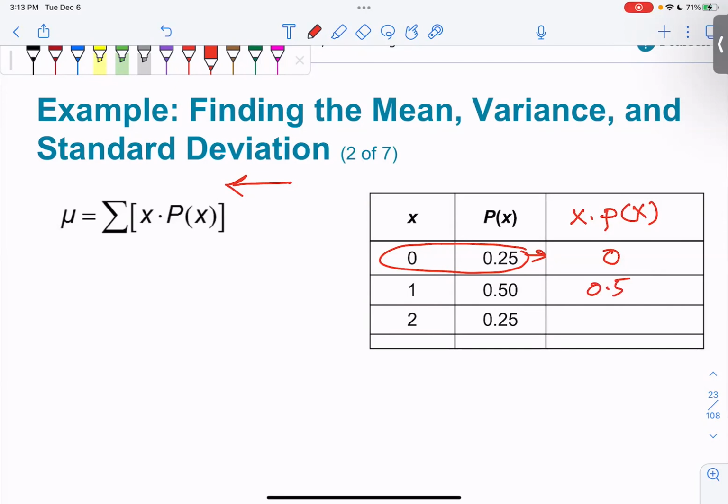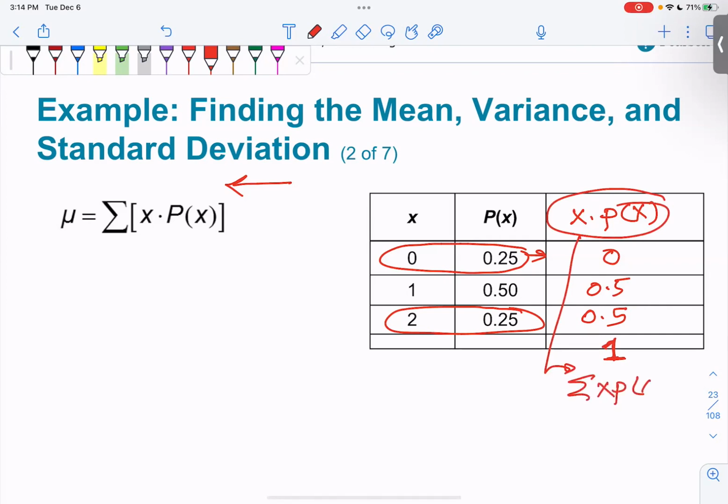And then the third one will be 2 times 0.25 equals 0.5, and the summation equals 1. So this is the summation. Summation of x times p of x equals 1, which is the mean. This is mu, the mean.